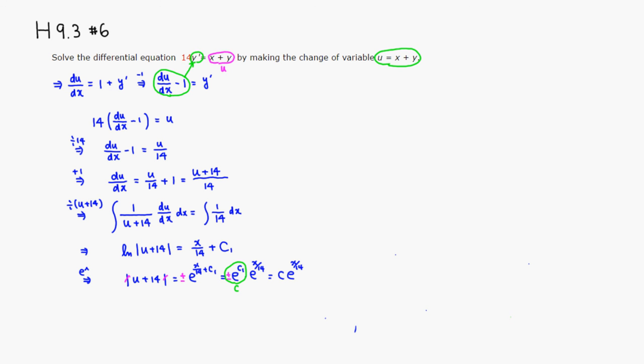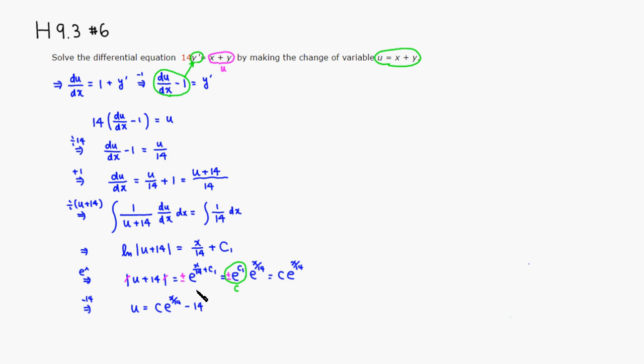Then we can subtract 14 from both sides. We have u is equal to c times e to the x over 14 minus 14.